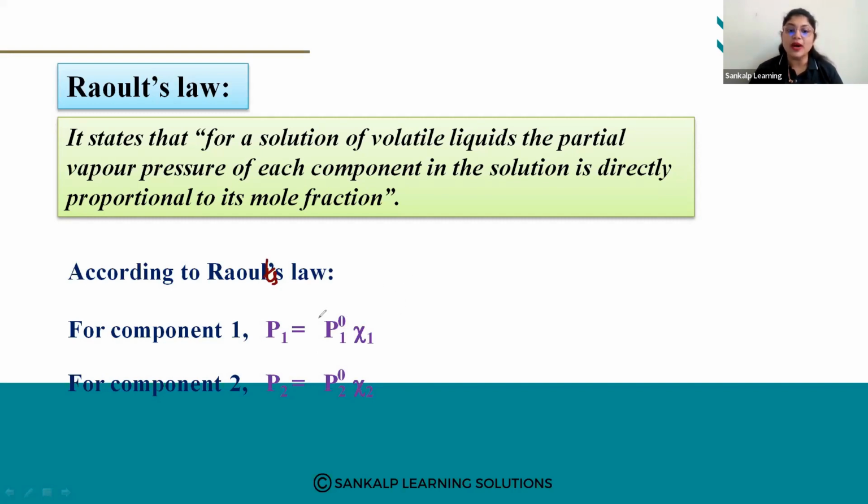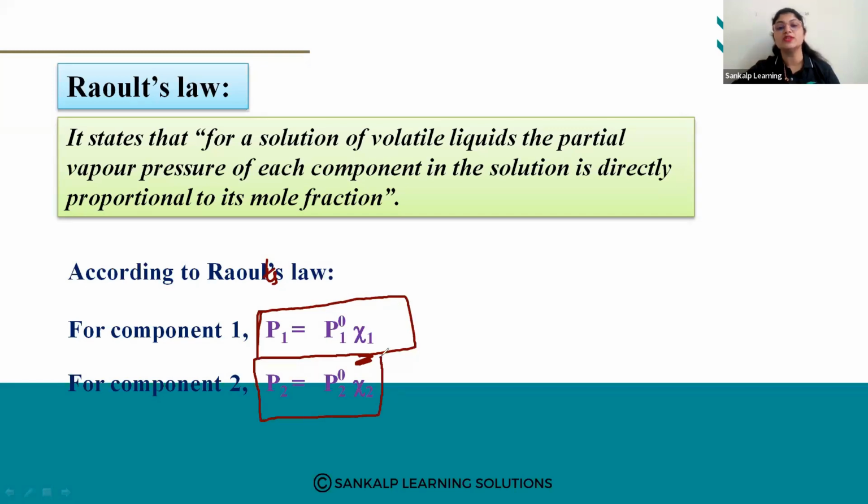For component 1 the statement will be like this, and for component 2, P2 is equal to P2 naught into psi 2. So partial vapor pressure of each component in the solution is directly proportional to its mole fraction.